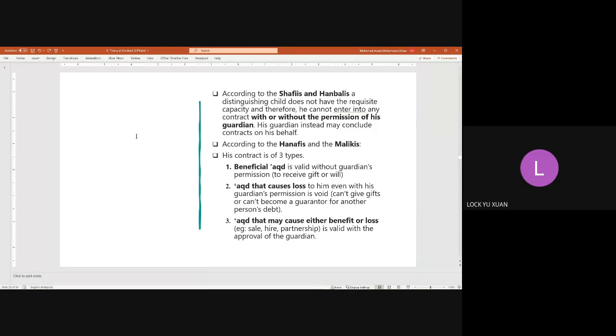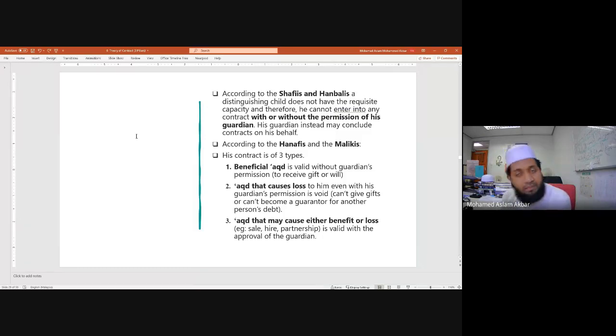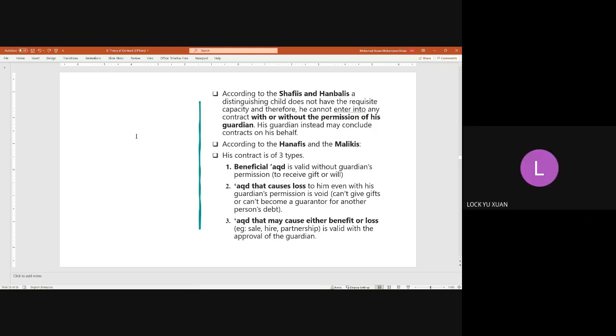Although he's still not major, right, sir? Yes, he's still not major. For example, if someone 10 years old wants to sell something in the market, he can do so, but the approval must be given by the guardian. Okay, so my last question is regarding the receptive one.